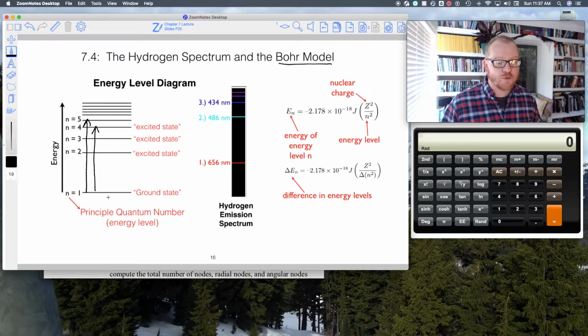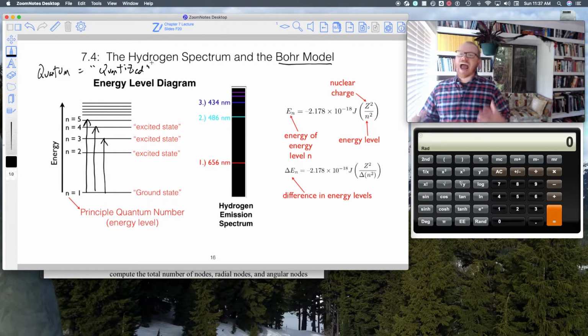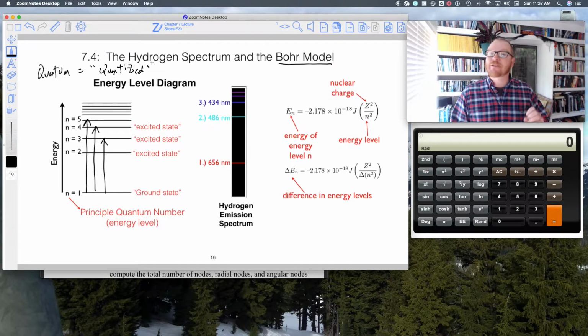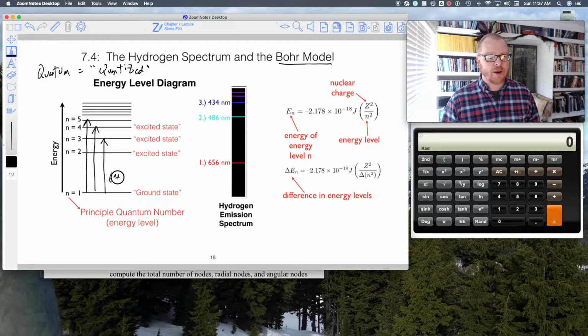As it turns out, when energy goes in, it pumps these electrons up to these various excited states. This is why we call it quantum mechanics, because quantum is referring to the fact that these energies are quantized. When these atoms absorb energy, they only absorb specific quantities of energy. I'll say energy in right here.